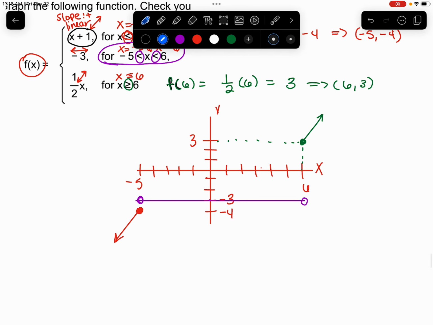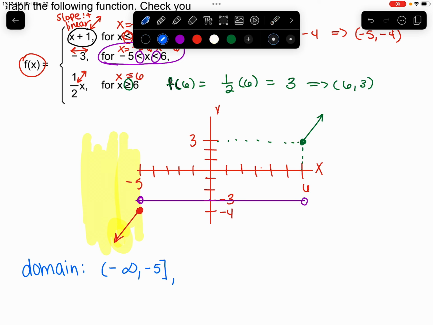Next, to find the domain, let's check the graph. So my domain is, oh, there's an arrow pointing left. So it's going to be negative infinity. And I'm going to keep going. Oh, it stops here, right here at negative 5. There's a closed circle at negative 5, so that is a bracket.